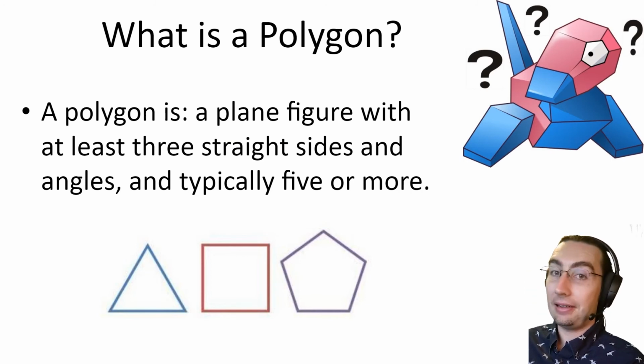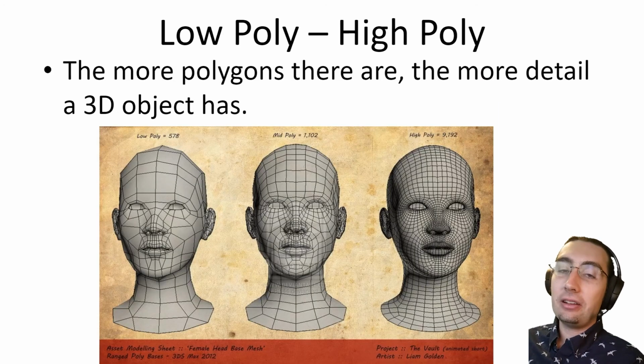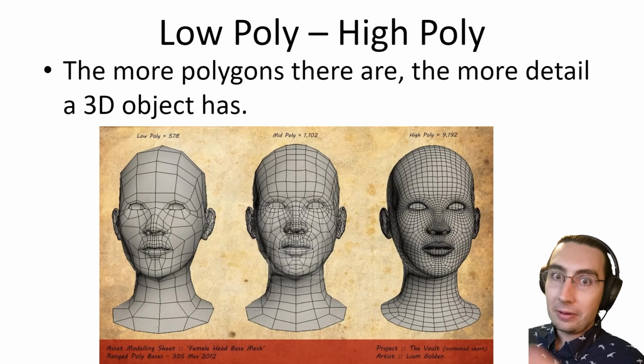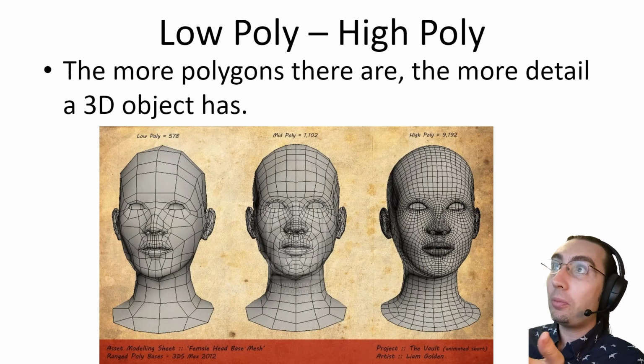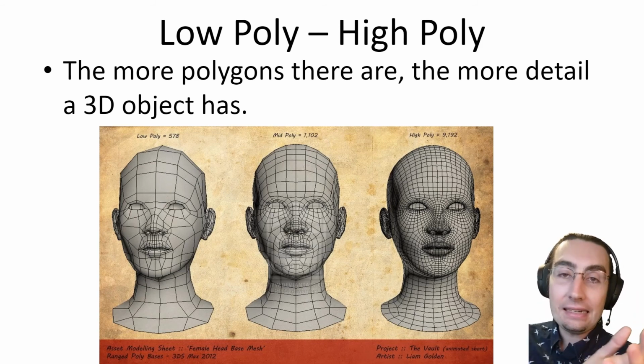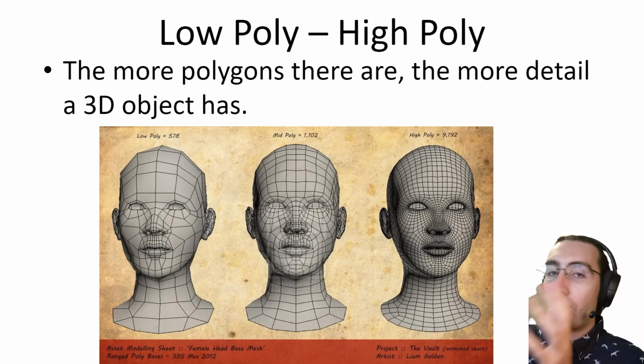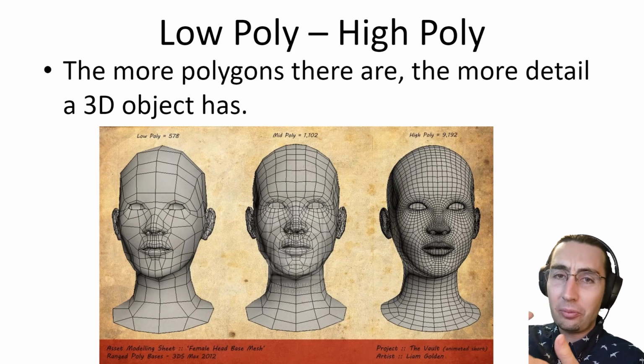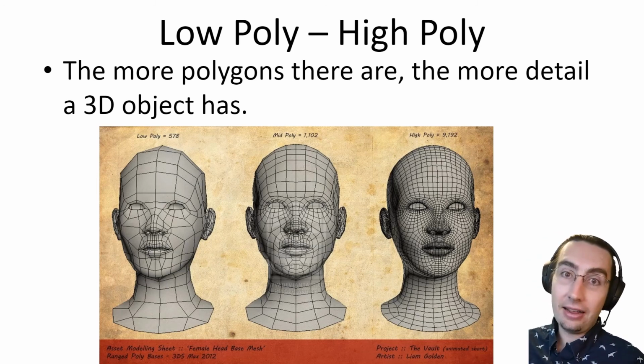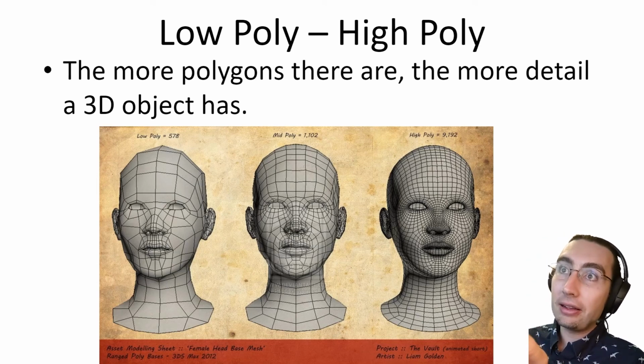So that's a polygon. And when we talk about polygons in 3D modeling, we talk about low poly versus high poly. The more polygons there are, the more detailed or smooth, or even little bumps and stuff, that an object can have. Here we have a low polygon face versus a mid polygon face.